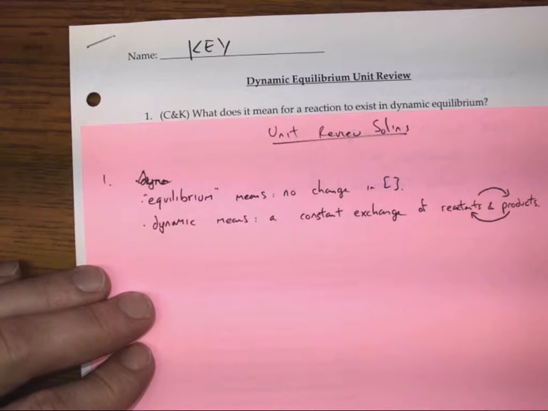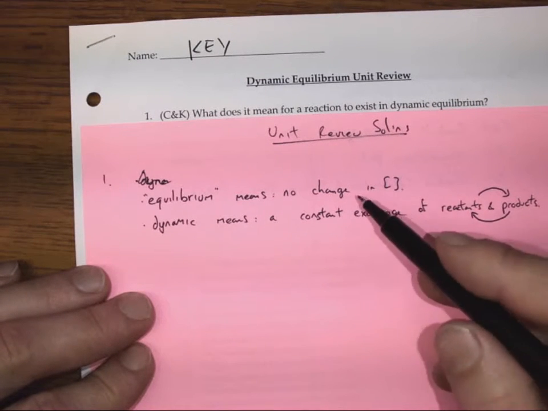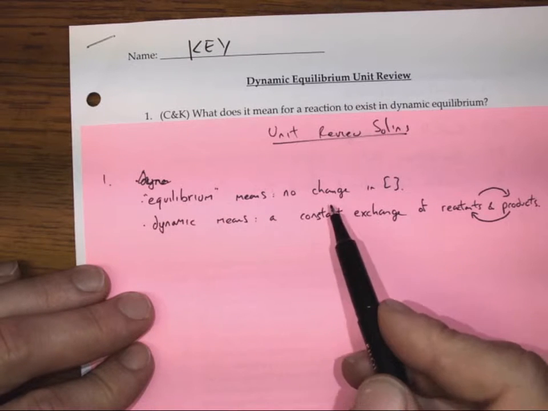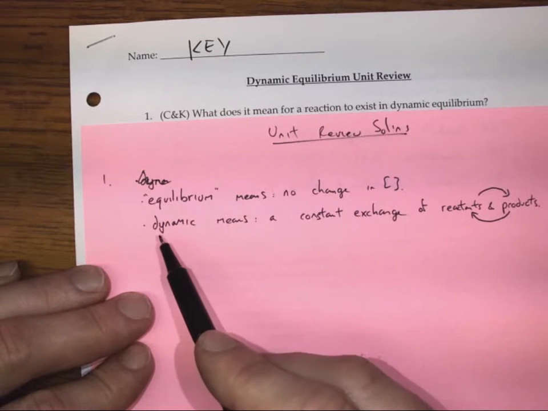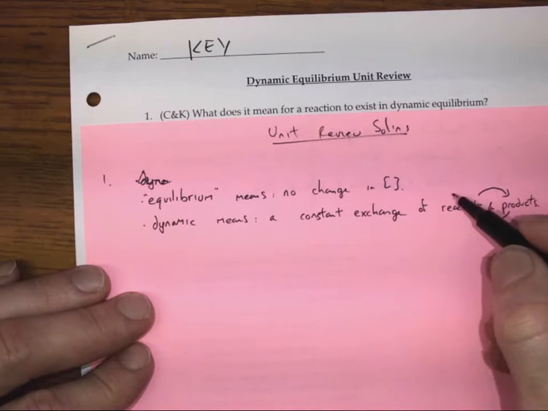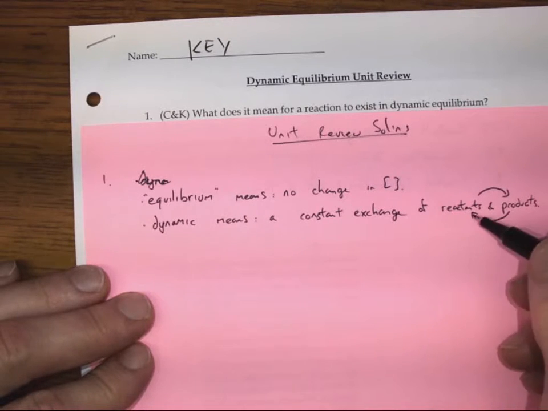Now, how can we balance these two ideas? Equilibrium means there's no change in concentration, but dynamic means that reactants are always turning into products, and products are always turning into reactants.